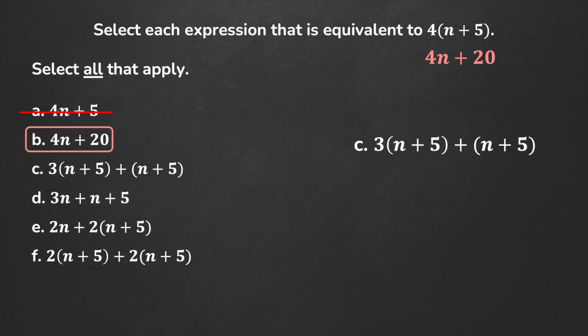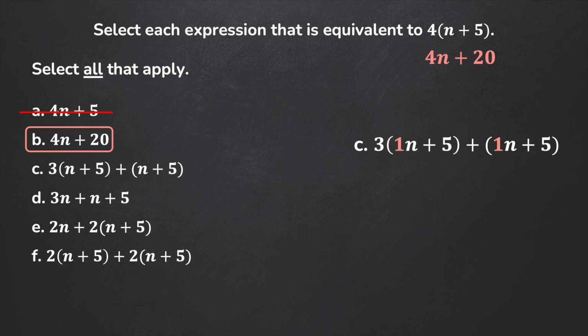So let's start off with C. Here we have 3 times (n plus 5), and then plus n plus 5. So we're going to do the distributive property here first. And remember that if we have a variable by itself, it actually has a coefficient of 1. So we're going to rewrite that so that it's easier to work with.